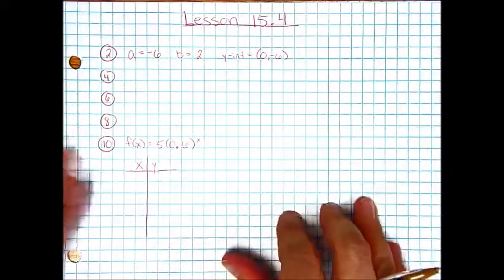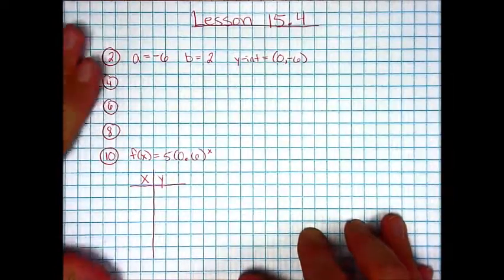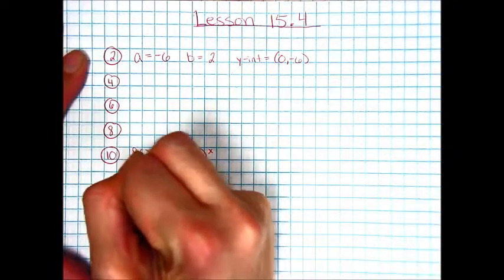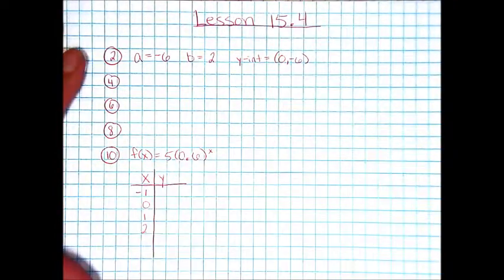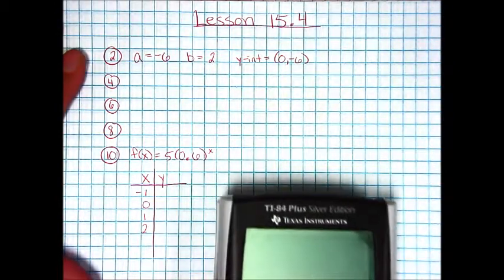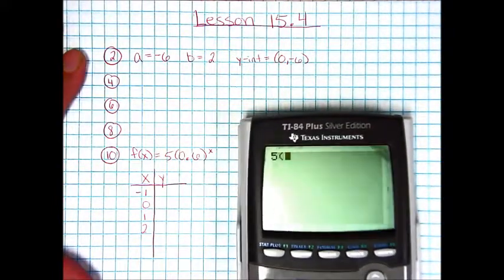I do want you to put at least one negative in there because that shows you what's going on with each end of the graph. If you just want to do negative 1, 0, 1, and 2 for every table from 10 on, that's fine.